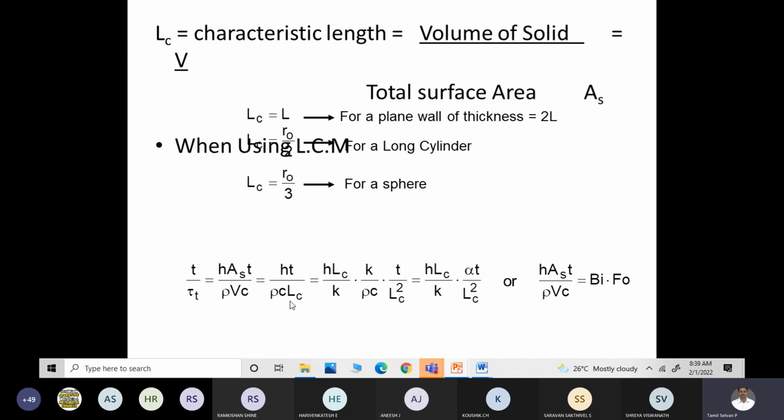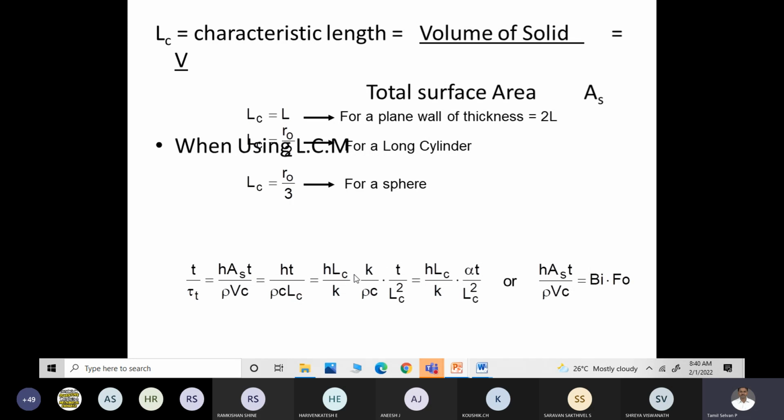Multiplying the numerator and denominator by Lc, we will be having h Lc divided by k into k by rho C into t divided by Lc squared. Am I correct? If you multiply the numerator by L and the denominator by Lc, you will be getting h Lc by k into k divided by rho C. Again you have to multiply and divide by k.